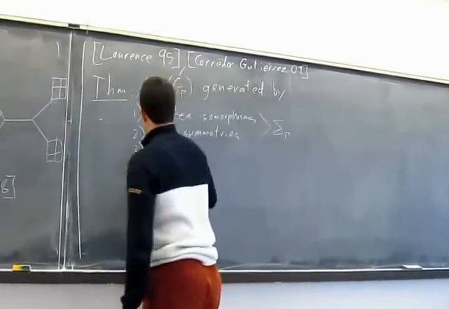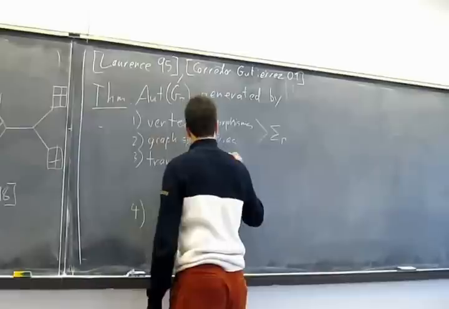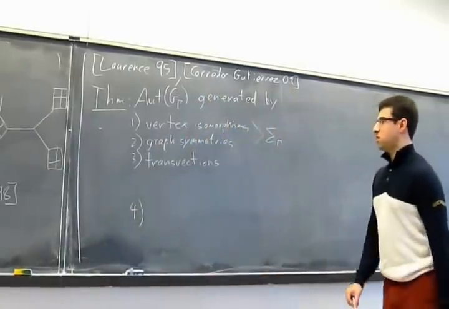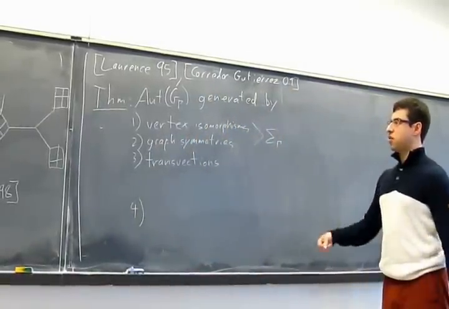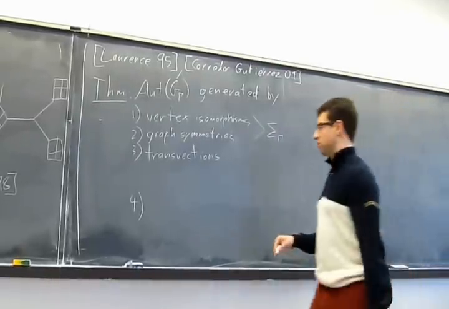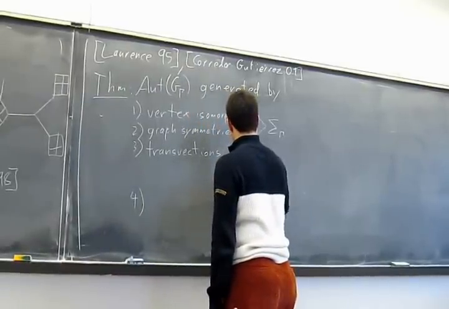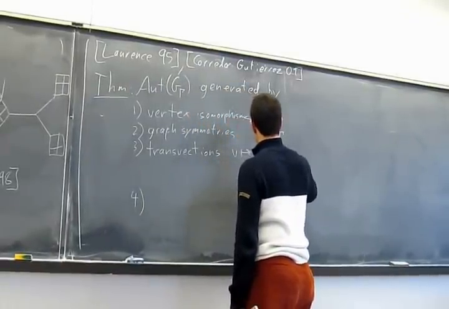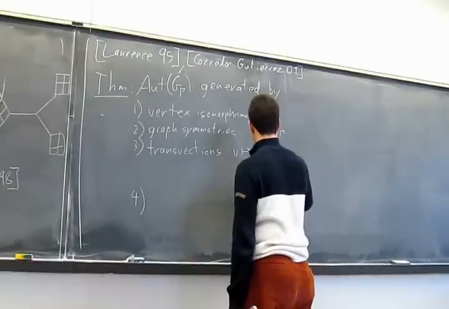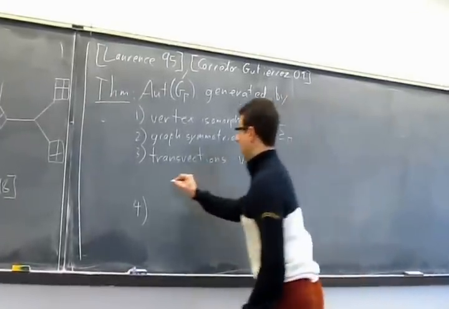The next type we have are what we call transvections. So I'm going to abuse notation a little bit and refer to the generator of a group at vertex V with just that vertex V. So a transvection is an automorphism that sends V to either VW^k or W^kV, one or the other, under the following conditions.